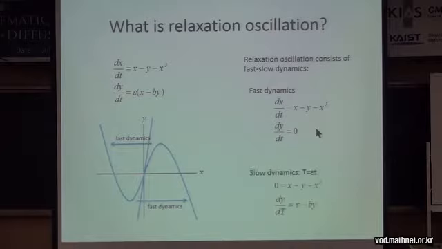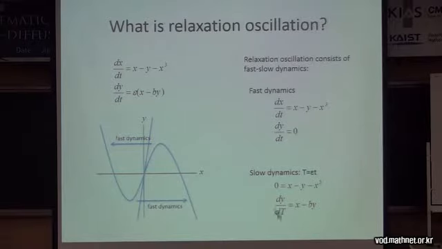After approaching close enough to these branches, we can consider the slow dynamics. In this case, we change the time scale like this and transform the equation by this new time scale. The slow time scale is capital T.